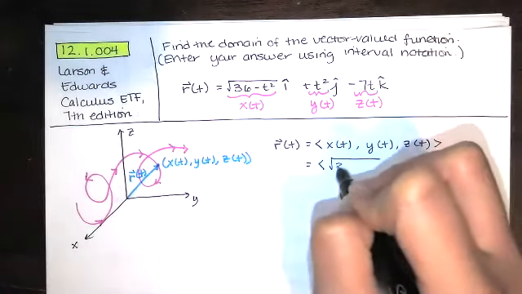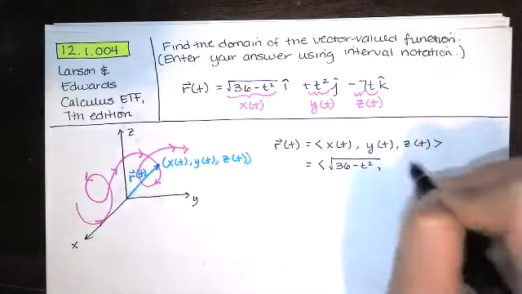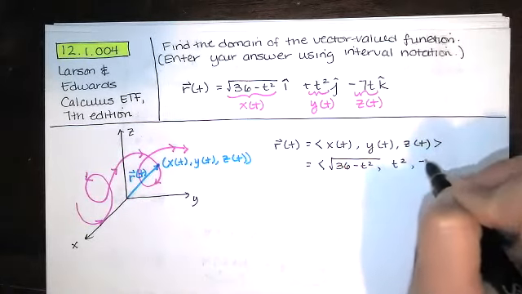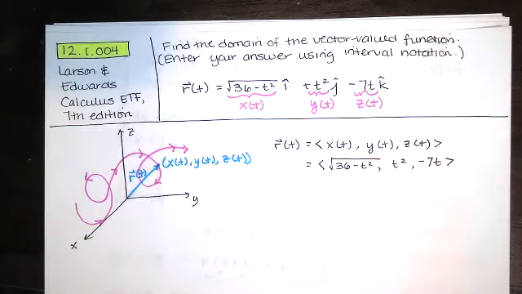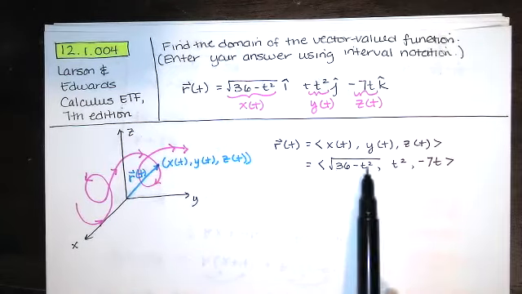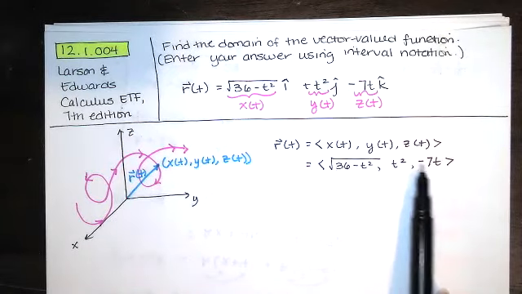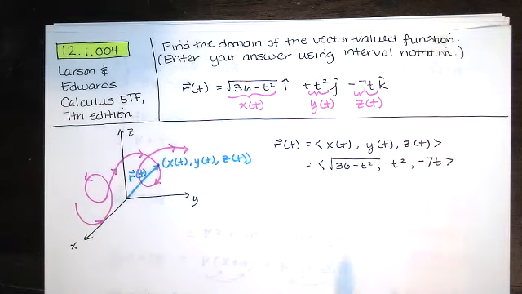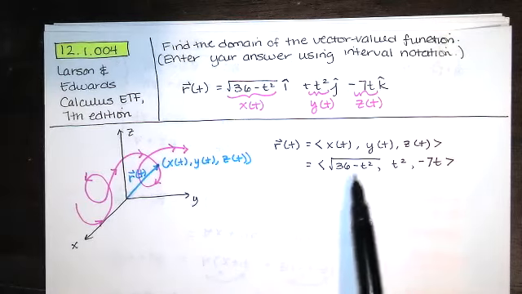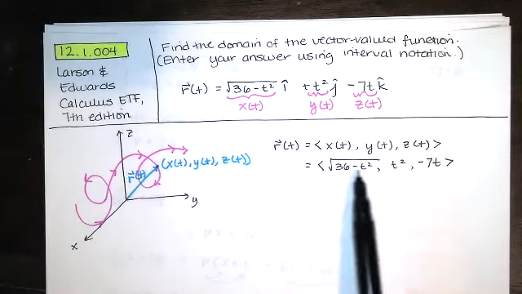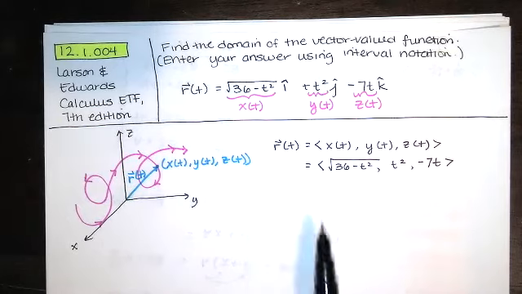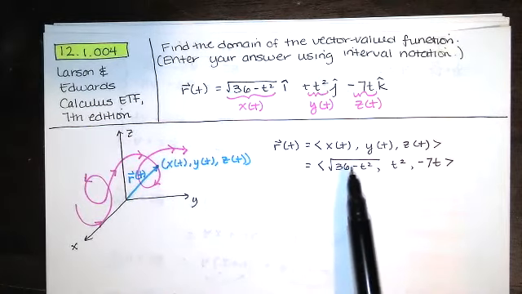Finding the domain of a vector-valued function is actually pretty simple. It's the same as finding the domain of this function of a real variable and this function of a real variable and this function of a real variable. So you find the domain of each piece. And then you need to find out where all of, well, those three domains, those are going to be intervals or potentially unions of intervals.